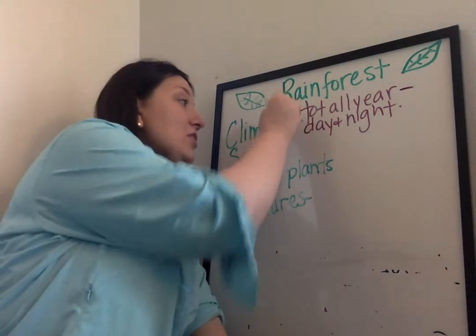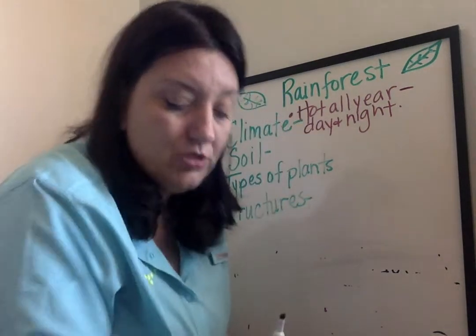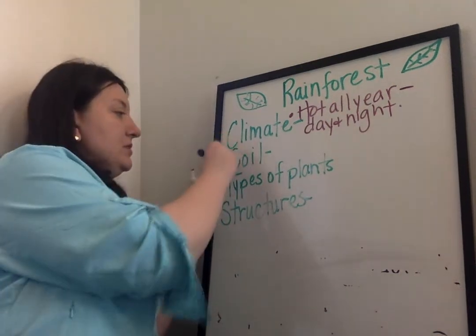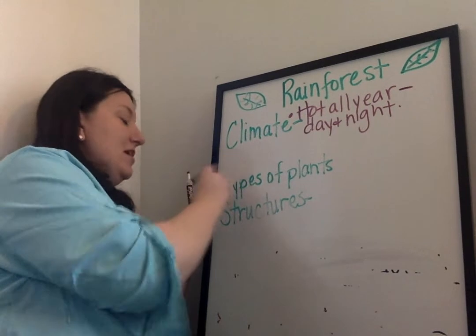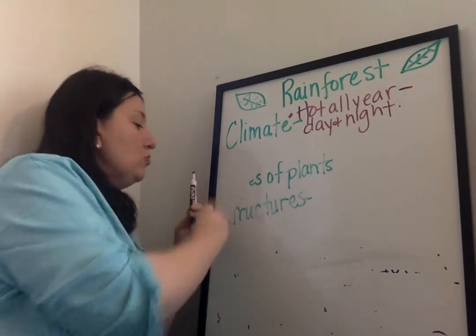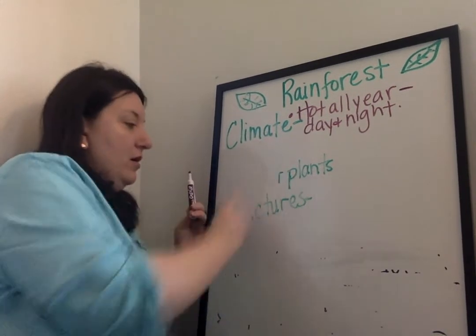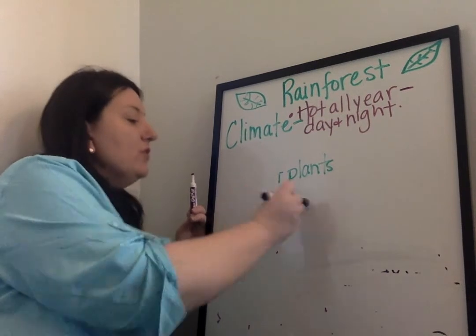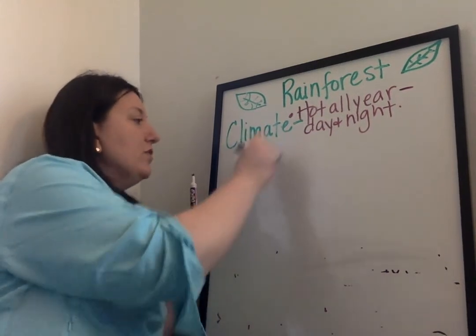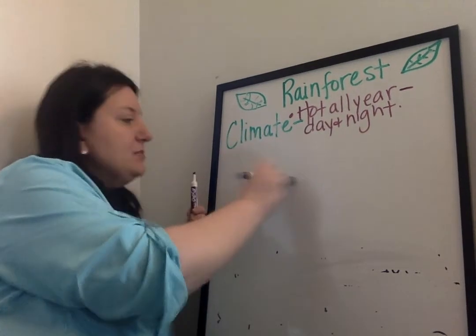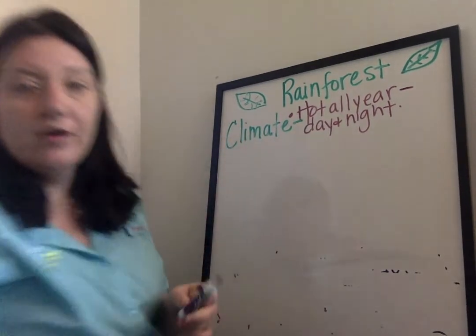The reason it's hot both day and night, when the sun goes down, is because there's so much moisture in the air. If you've lived in Louisville your whole short little beautiful lives, you've probably experienced a summer here in Louisville, Kentucky.